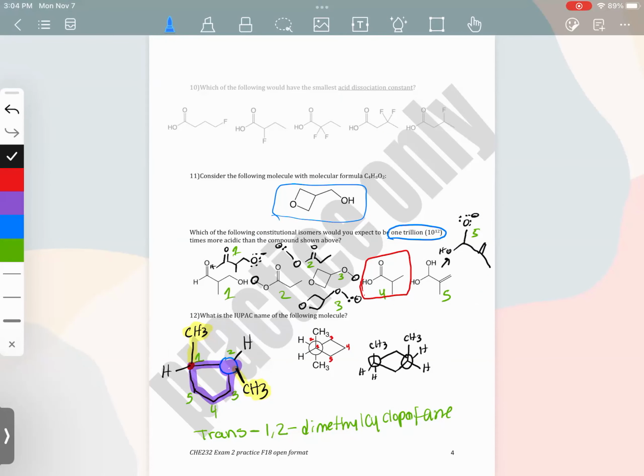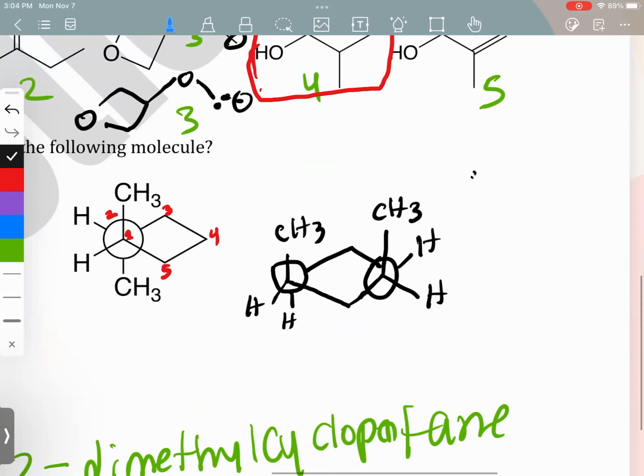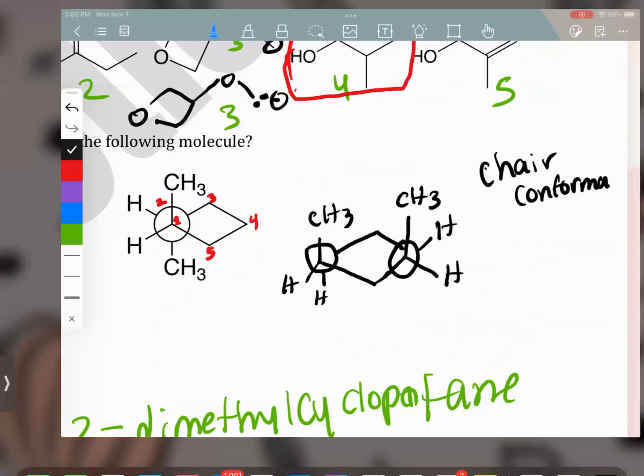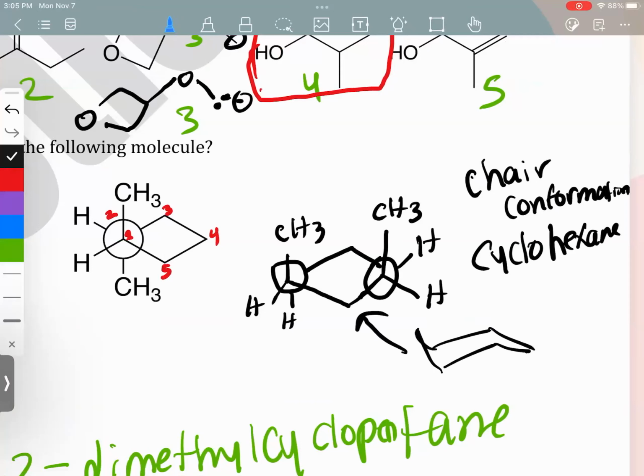Could you repeat what's the drawing on the right that you made just now? Oh, so this is the Newman projection for the chair conformation of the cyclohexane. So this was converted to this in Newman.